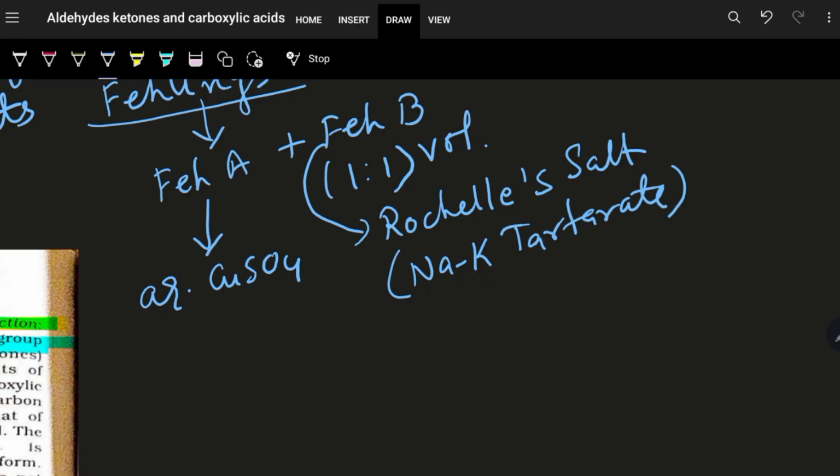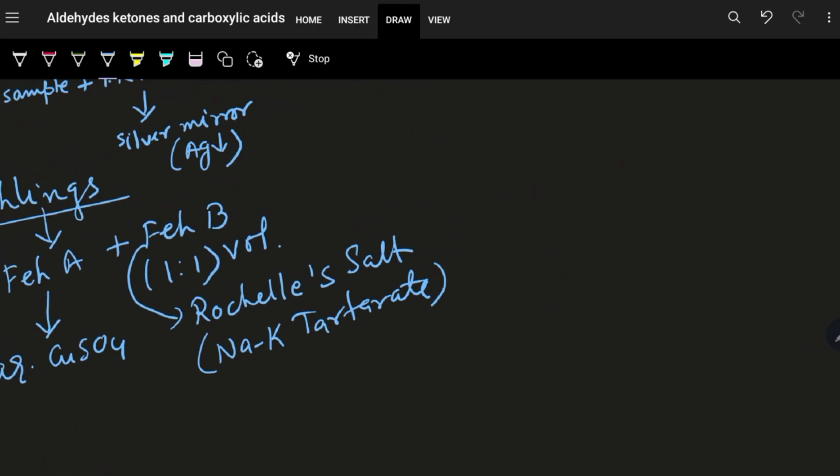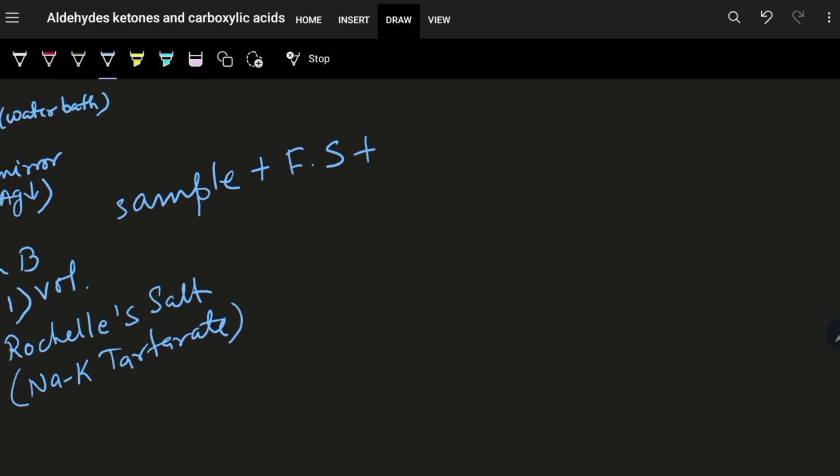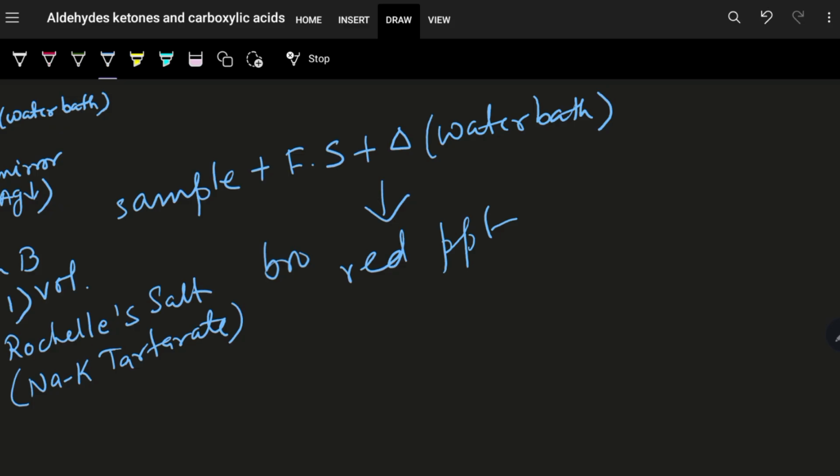And when you mix them in equal volume and add it to the sample, and again heat it in a water bath for some time, you will get a brown red precipitate of Cu2O.